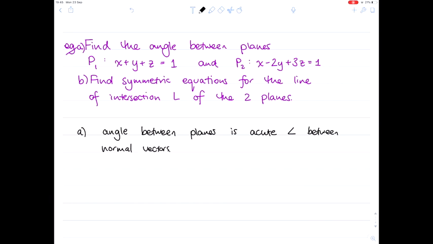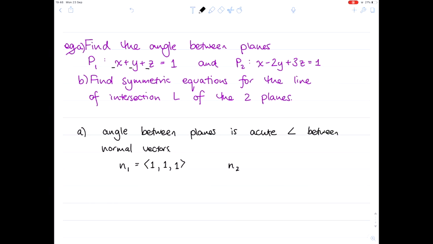So first we need our normal vectors. Now normal vector 1 is going to be equal to, well, we look for the coefficients of our x, y and z terms. So that's 1, 1, 1.